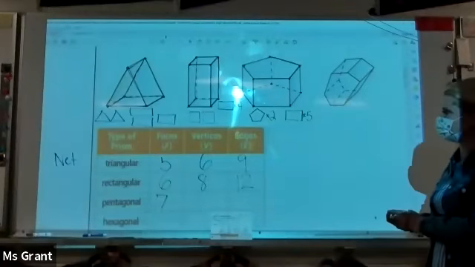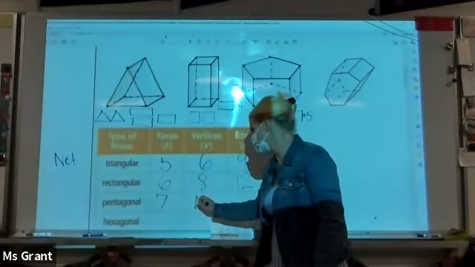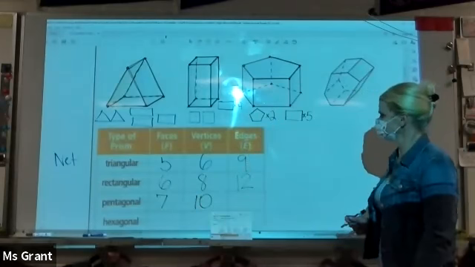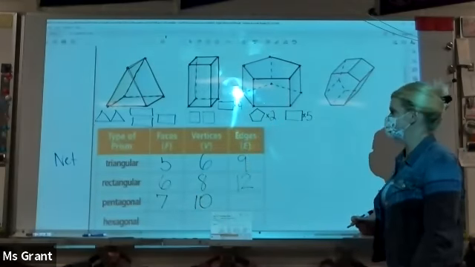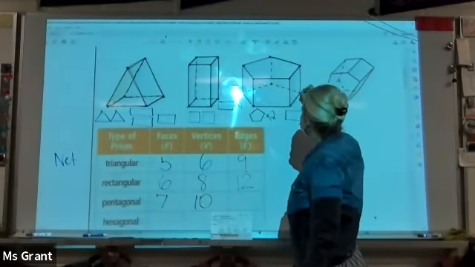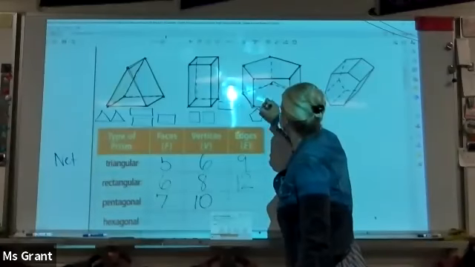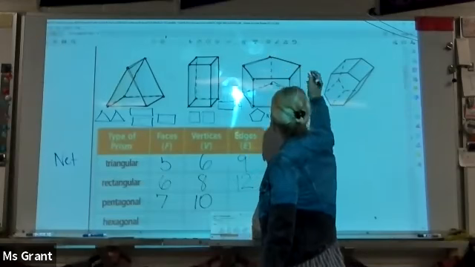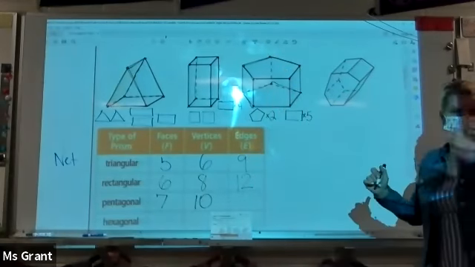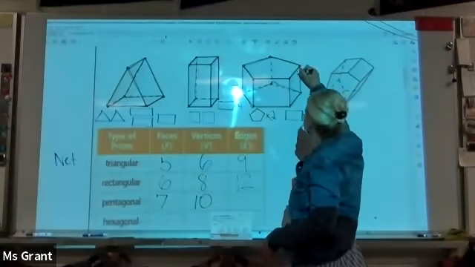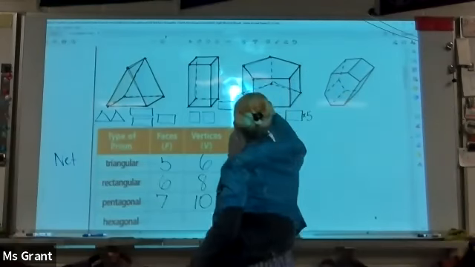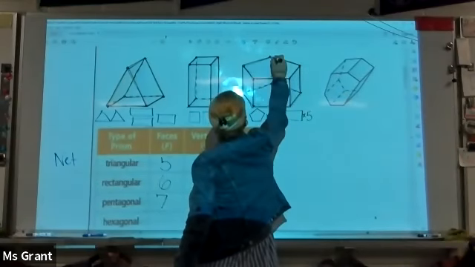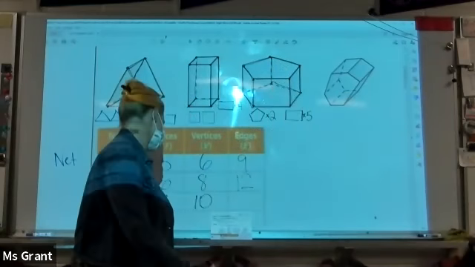So that's 10, right? Then edges. So 5 for each pentagon, 1, 2, 3, 4, 5. 6, 7, 8, 9, 10. And then up and down, 11, 12, 13, 14, and don't forget the one in the back, 15.